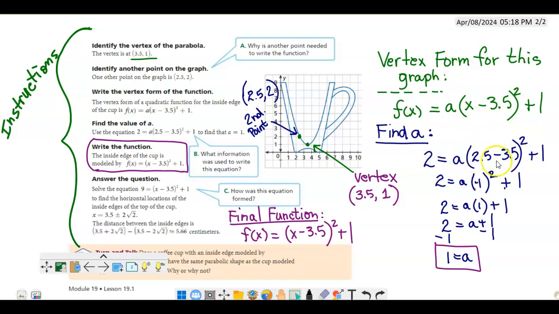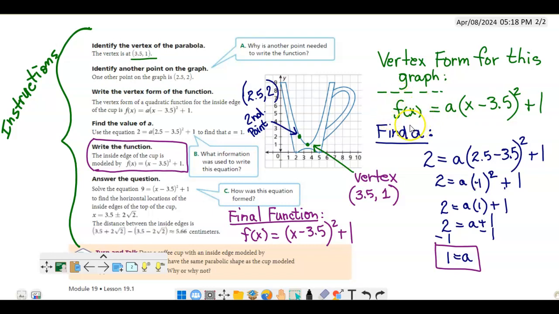Remember, young people, right now I have 1, 2, 3 variables in this equation. I cannot solve for anything with 3 variables. I can only solve for 1 at a time, which means a couple of these values, I need to know what they are. So that's why we pick a second point.